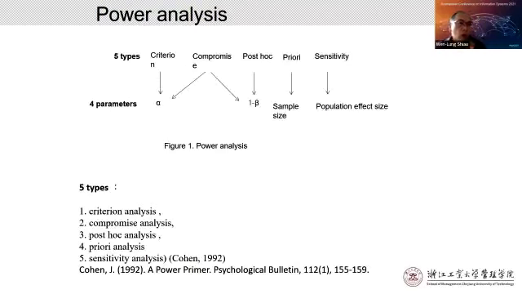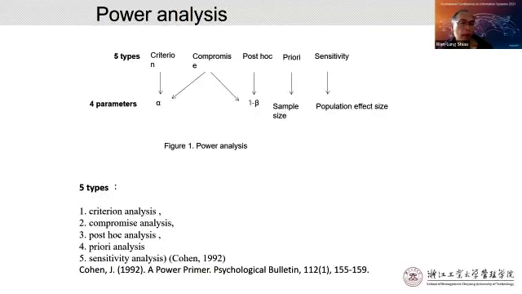So what's the power analysis? There are 5 types of power analysis and 4 parameters. The types are criterion, compromise, post hoc, priori, and sensitivity. The 4 parameters include alpha, 1 minus beta, the sample size, and the population effect size.